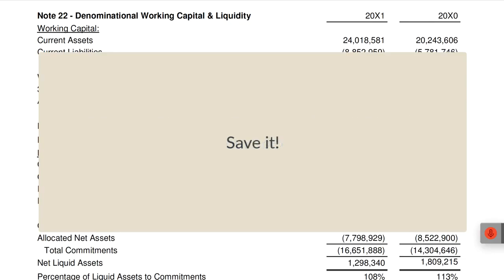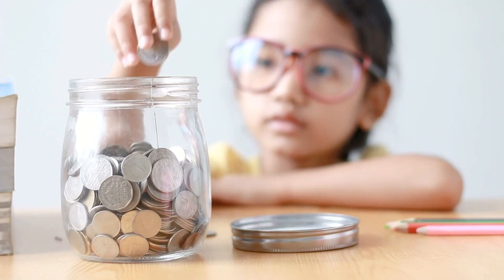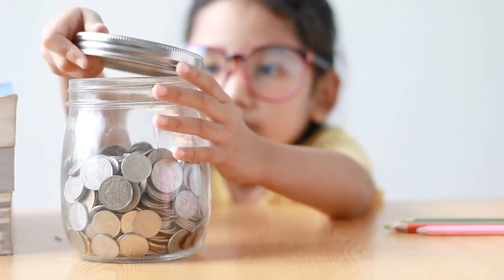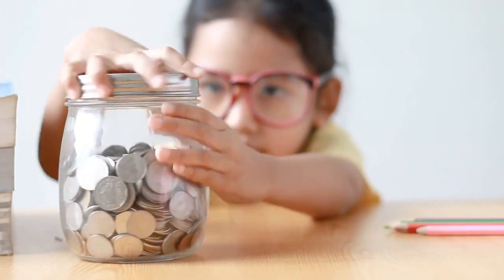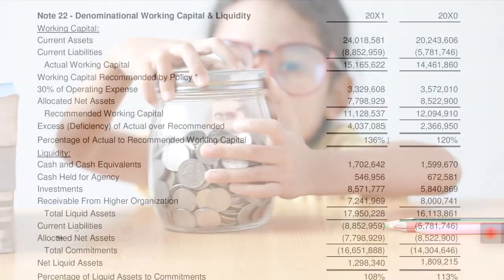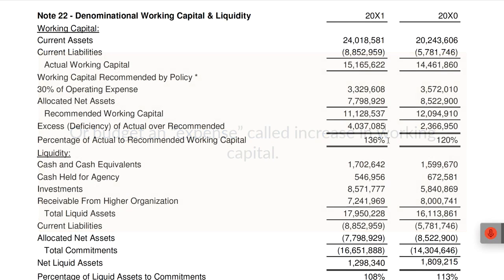One way that some organizations do it, it's a little bit of a shell game, but it's still okay, is that they actually budget what they label as an expense of increase in working capital to help them with the balanced budget. But however way you put it together, the only way you build working capital is to spend less than you're bringing in, or bring in more than you're spending.